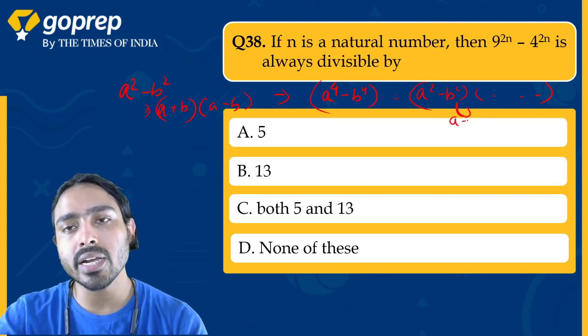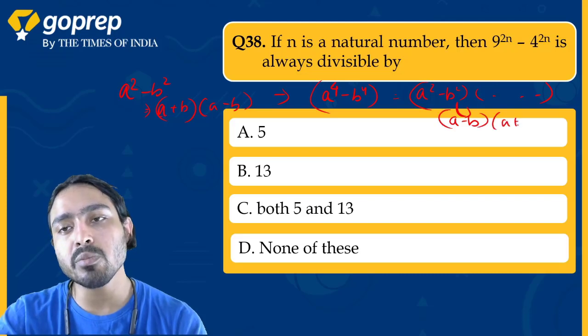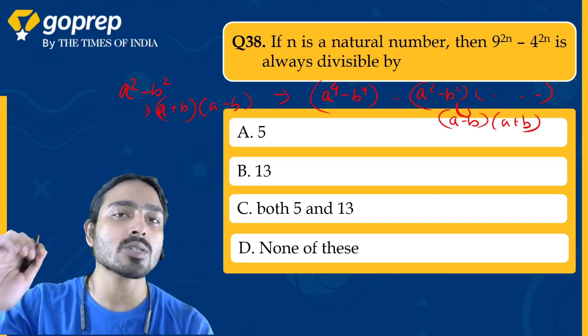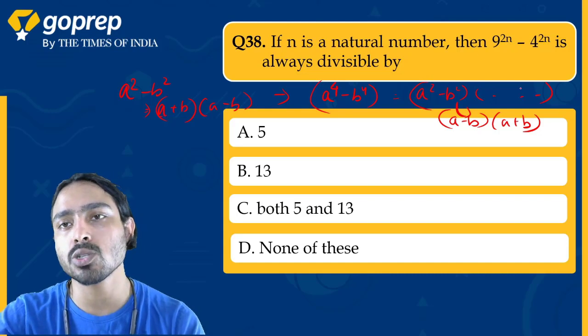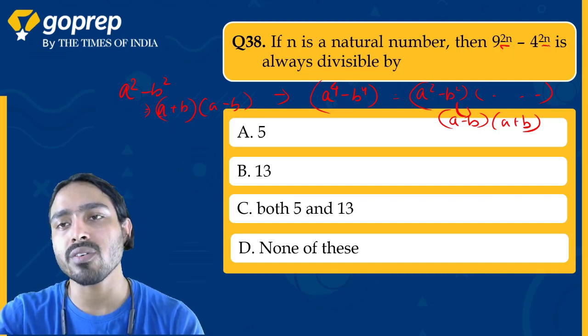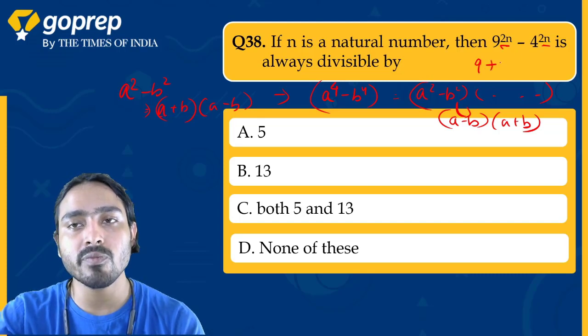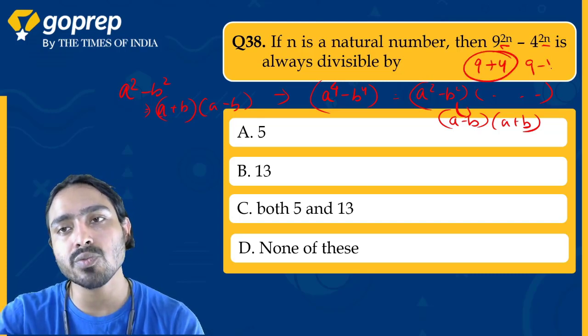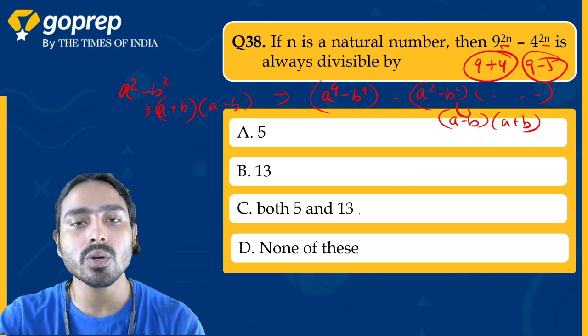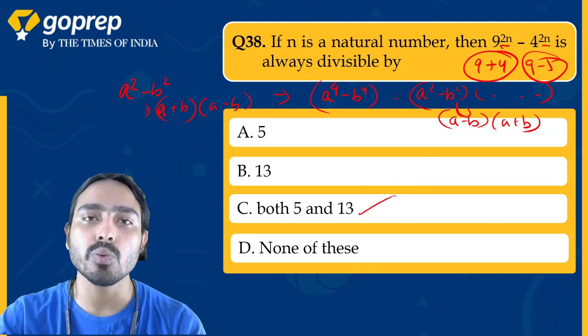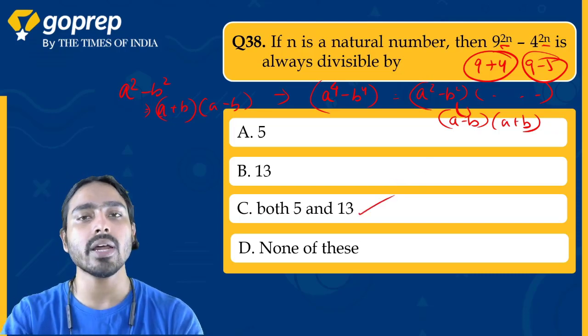So this will again break into a plus b and a minus b. That means a plus b and a minus b is always going to be a factor of such an equation which has 2n as its power. So it will be divisible by 9 plus 4 and 9 minus 4 also. So we can conclude that 5 and 13 could both be factors of this natural number, right?